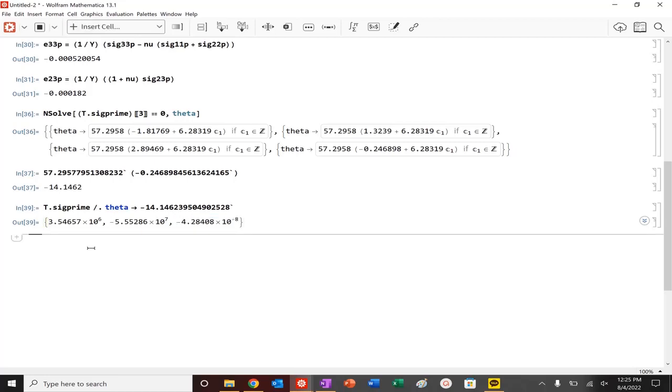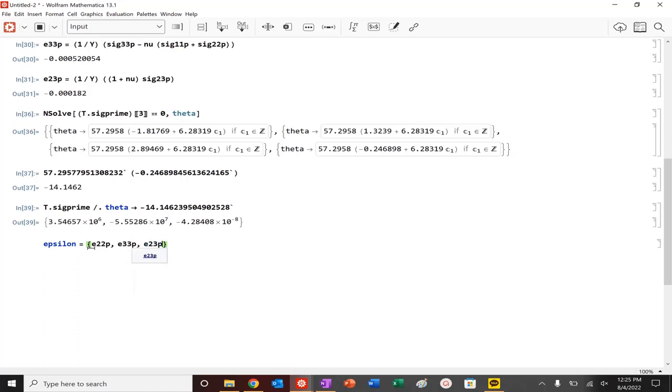I can do the same thing and look at, for example, epsilon. My epsilon values was E1P. Actually, I'm going to do E. If we're just looking at the 2, 3 plane, E3P. You can extend this out quite a bit. The math gets a little bit unwieldy, so I would just expect you to be focused on that 2, 3 plane, stresses and strains effectively. But if you want, go further.